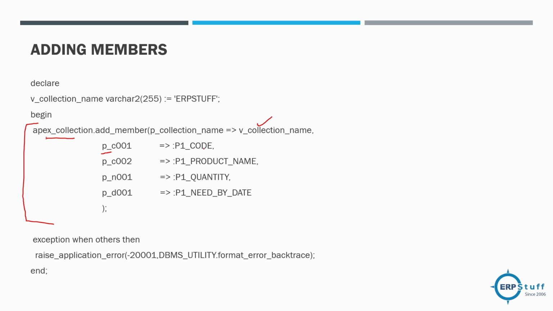So my first character is my field name, item name, which is P1 underscore code, and this is for characters 2. Then I have a number, then I have a date, and these are my form items, and close. That's it. Once you run this, the first row will be added in your collection.